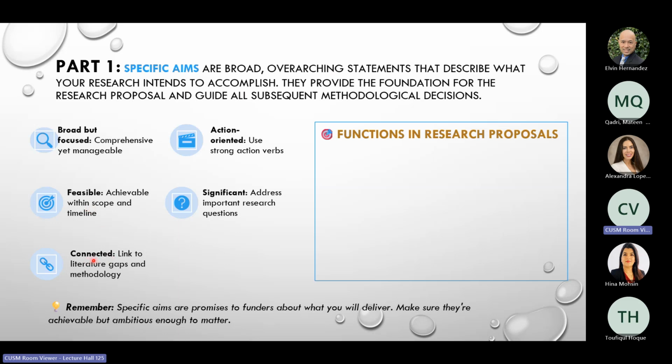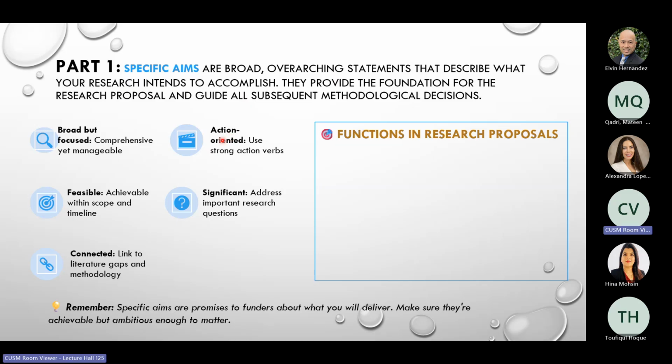answer your research question. The other element here is that your specific aim statements are connected to what you've discovered in terms of your literature review and the gaps that you've identified. They're connected to your research question, and there's a logical association between the questions you're trying to answer and the activities that you want to perform.